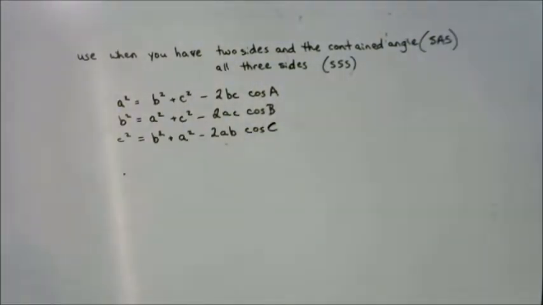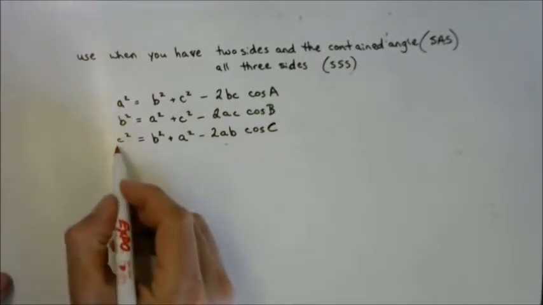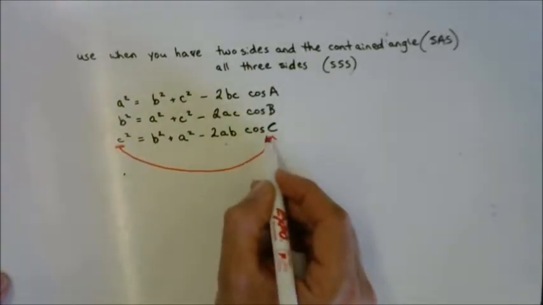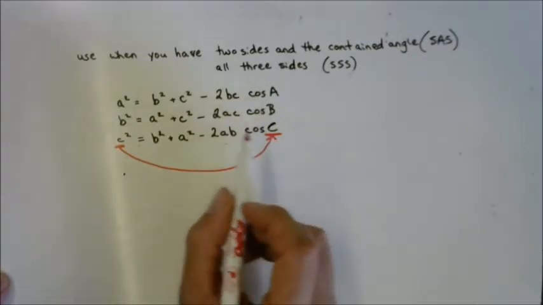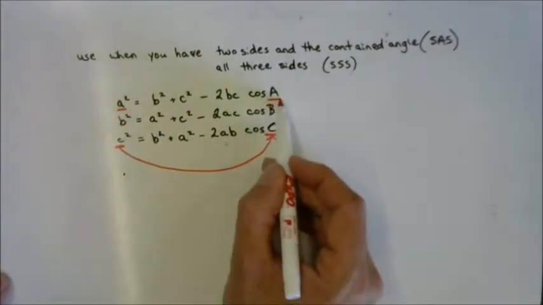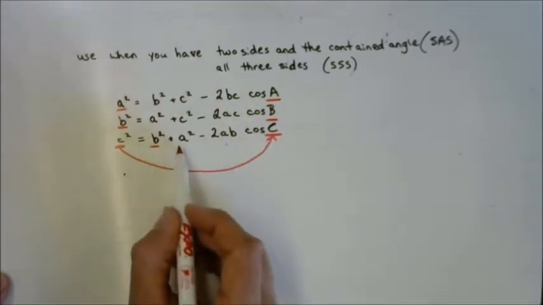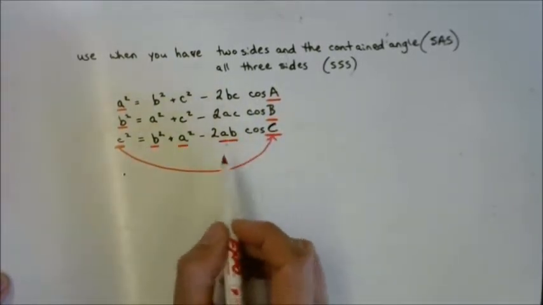The key to notice when you're remembering how to use this is that the side length that you're looking for is way over here, and its opposite angle is always the one on the end. So when you're looking for side length A, angle A is at the end. When you're looking for side length B, angle B is at the end. And the other two side lengths are in the middle of it twice.